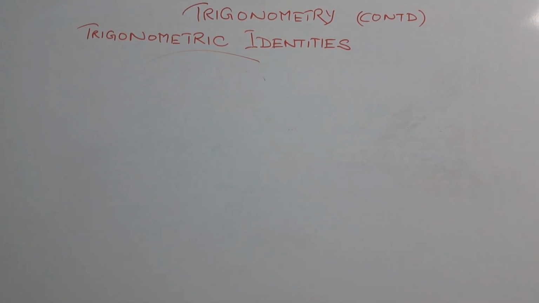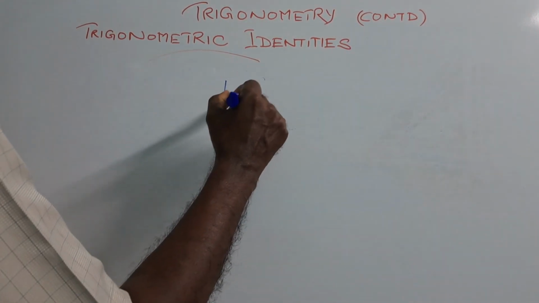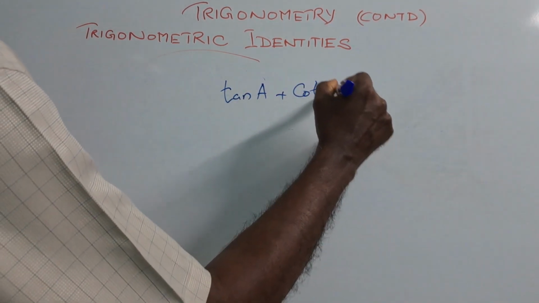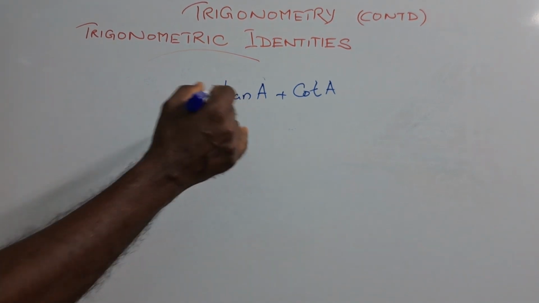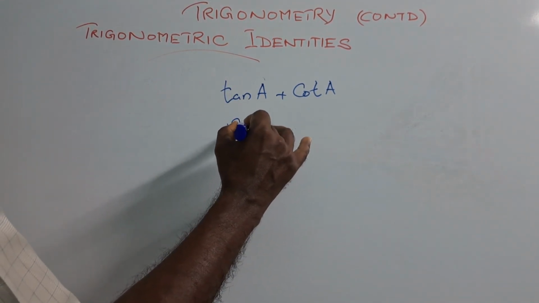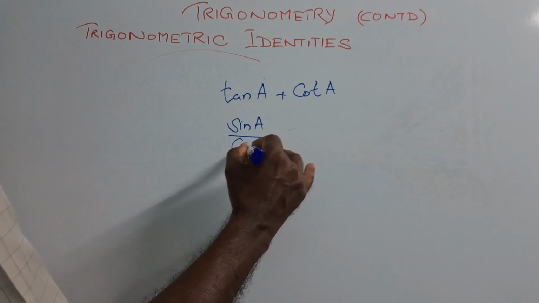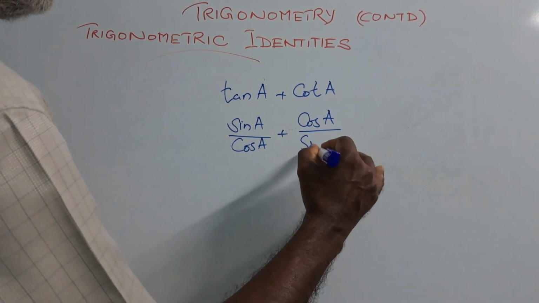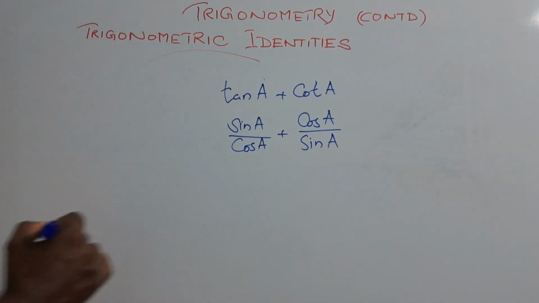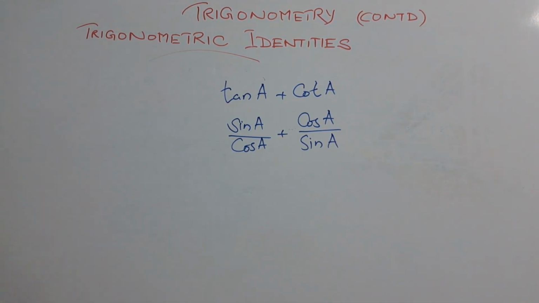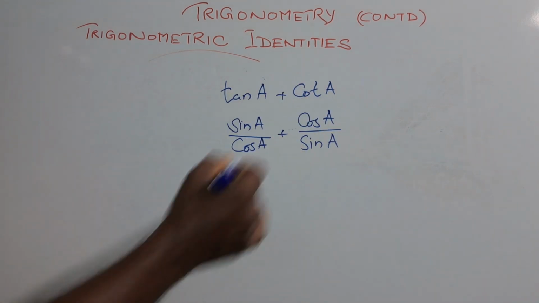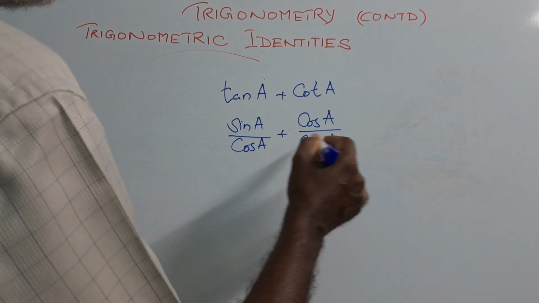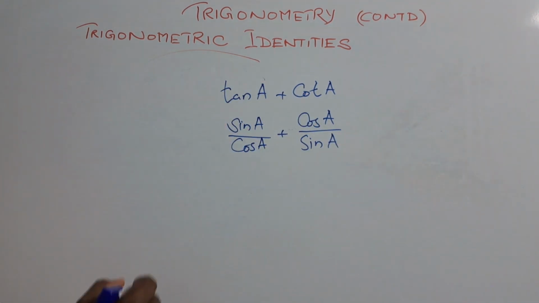Let me give you another example. Tan A plus cot A. Tan A can be expressed as sin A by cos A plus cos A by sin A is cot A. Same as you add fractions having different denominators, or same as you add unlike fractions, we can add these two expressions.